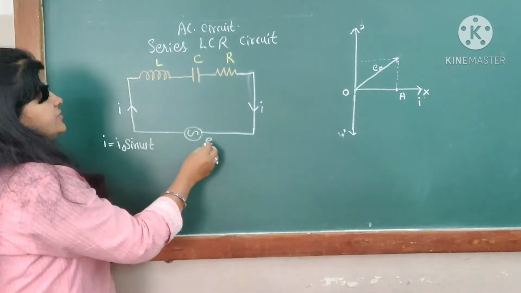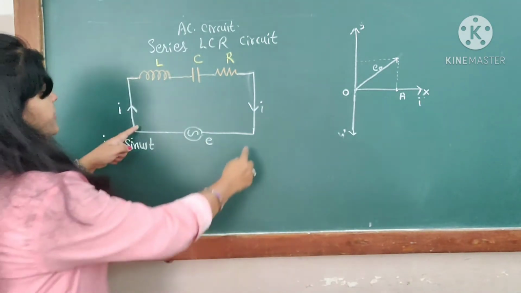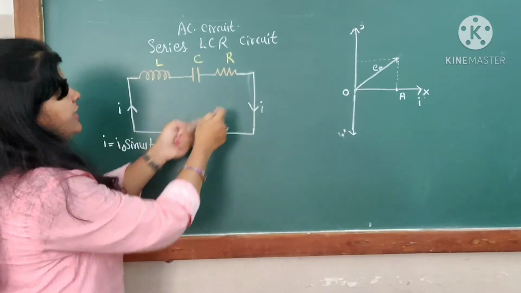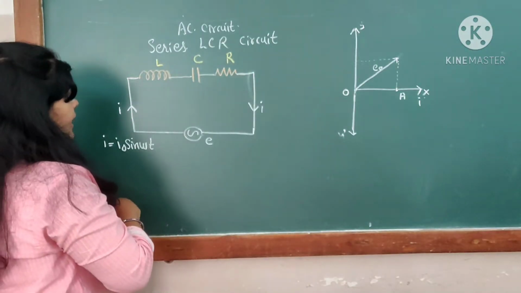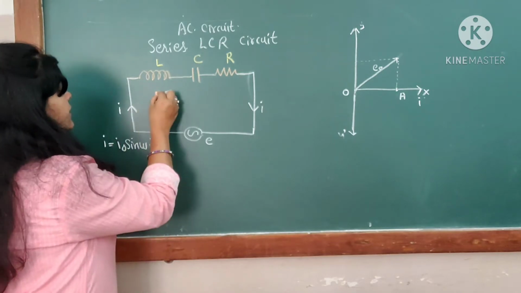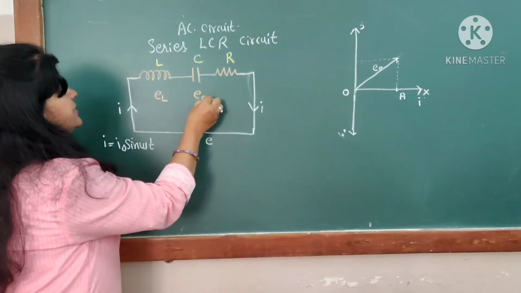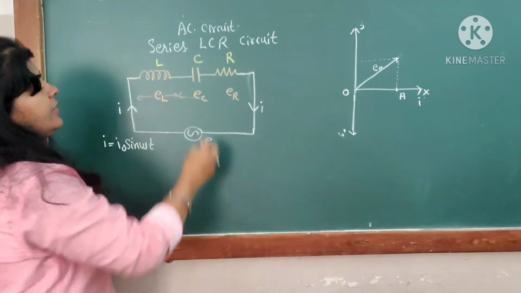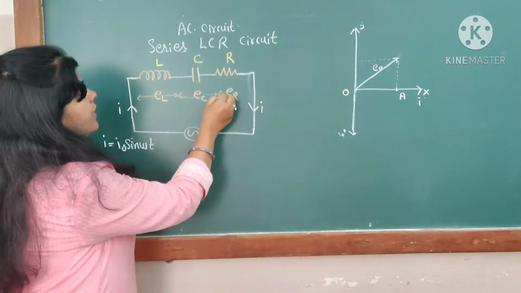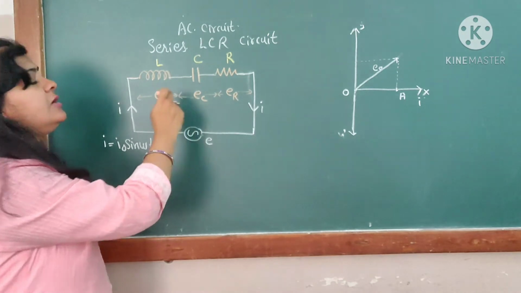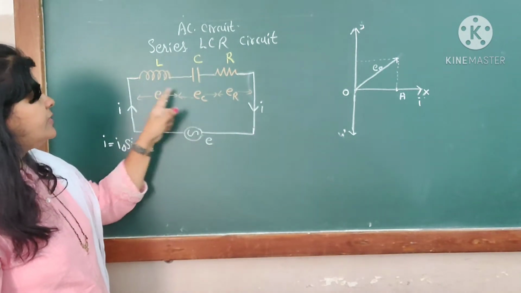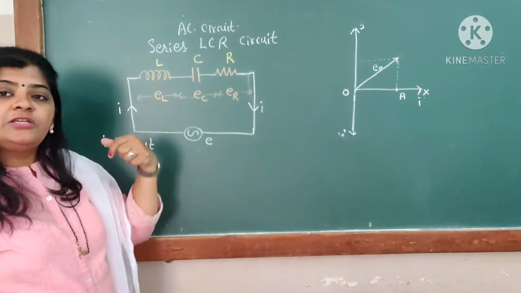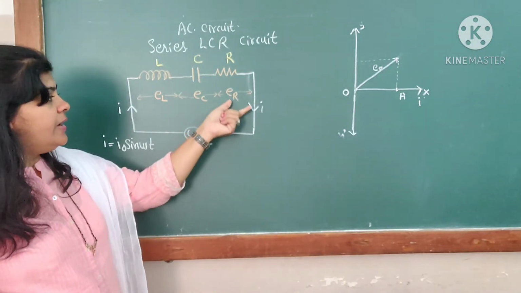Next, the EMF applied across the two terminals is the sum of the potential drops across the L, across the C and across the R. Those are EL, EC and ER: the potential drop across the inductor is EL, across the capacitor is EC, and across the resistor is ER.